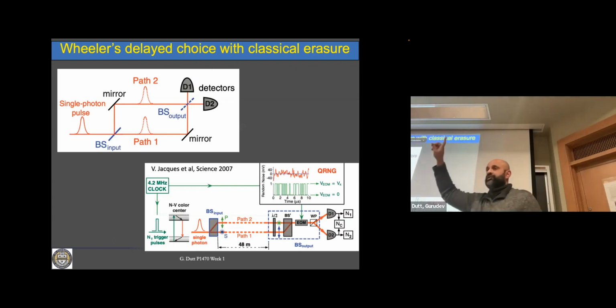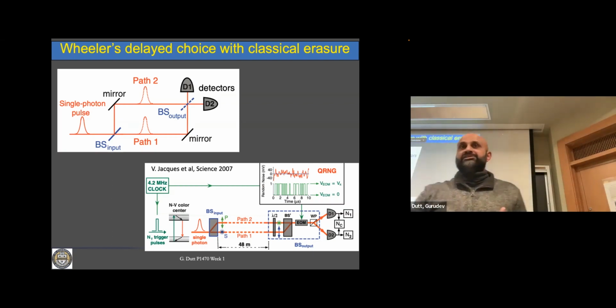The key is that because of the arms of the interferometer, I can put this final stage very, very far away, so far that the decision of when to put that beam splitter in is taken after the light would have hit the first beam splitter. So the fact that there is an interference pattern can be decided well after the photon has already crossed the first beam splitter.